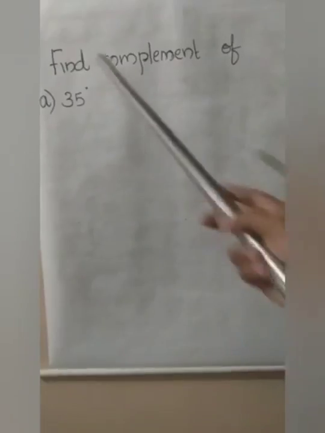We can solve some questions regarding complementary angles. We have to find the complement of 35. What do you mean by complementary? When we add both the angles, we should get 90 degrees. One angle is given, 35 degrees. So what will be the other angle? It is a complement.